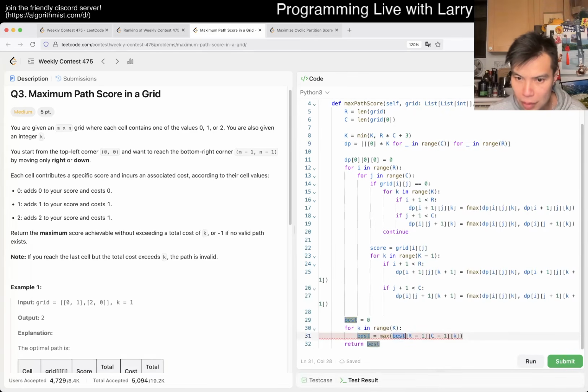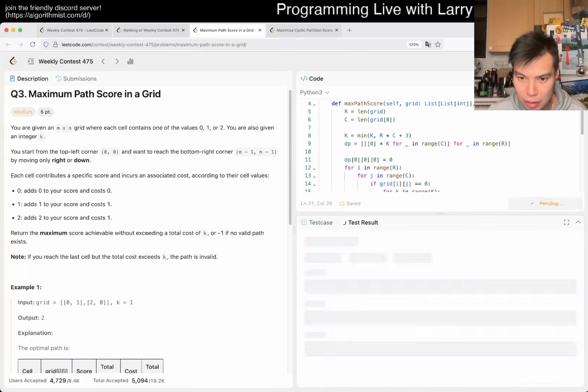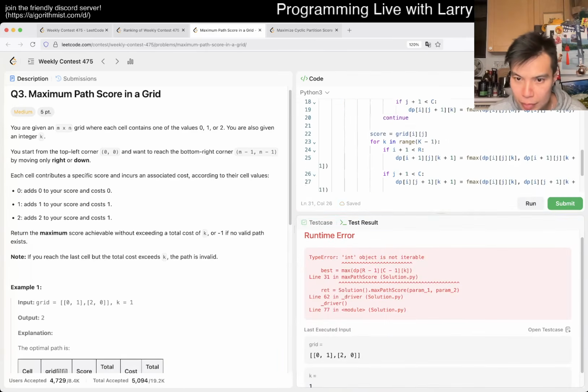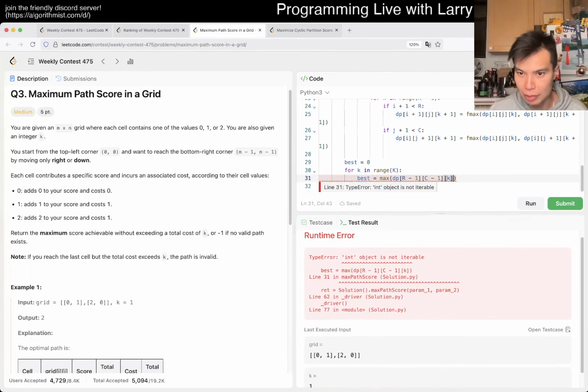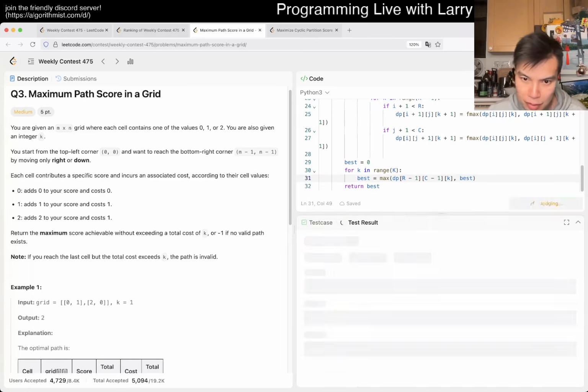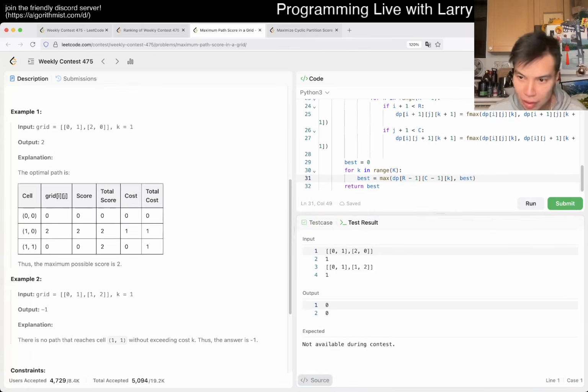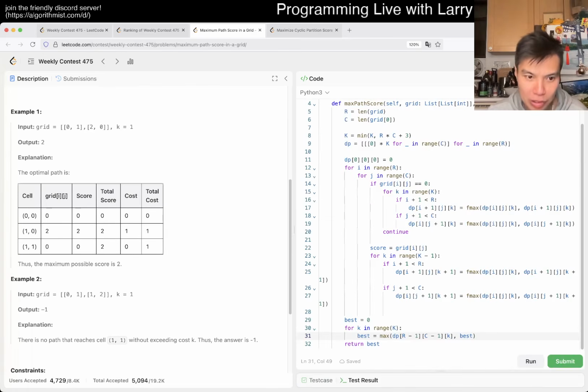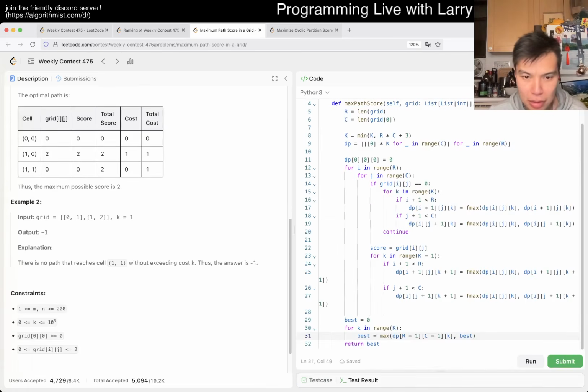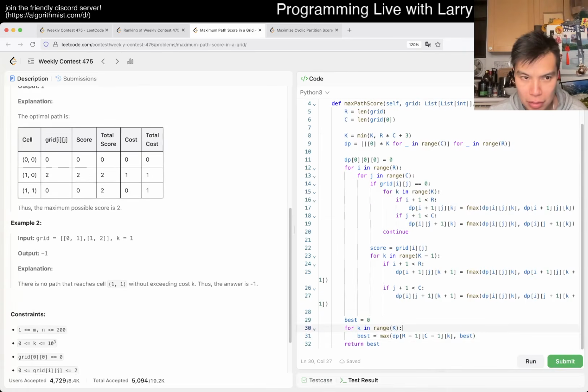Oh, whoops. Also, whoops. Okay. Obviously not right. We have to also do the -1 case. That's fine then.